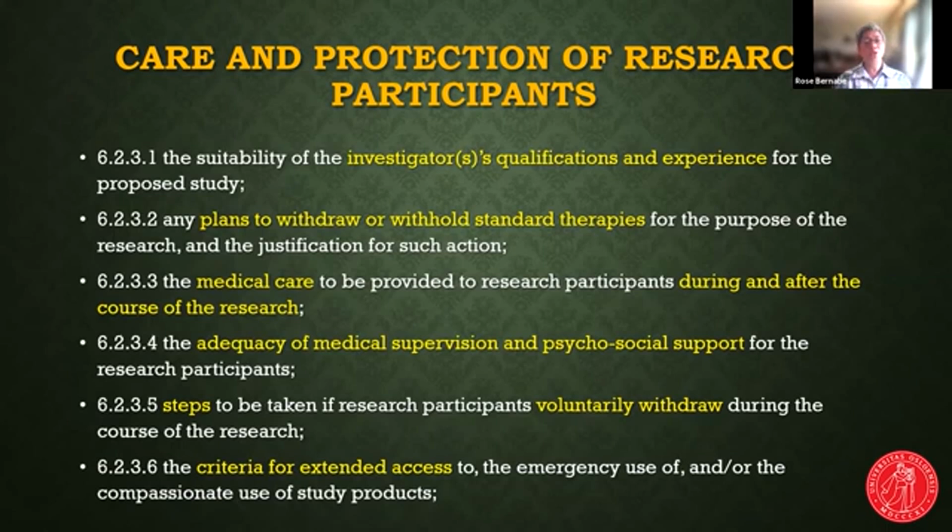The committee will also have to look into the criteria for extended access to the emergency use of or the compassionate use of study products, right? So we've said this already a while ago. Post-study, what kind of access, if any, will the research participants have? What kind of access will the community have?